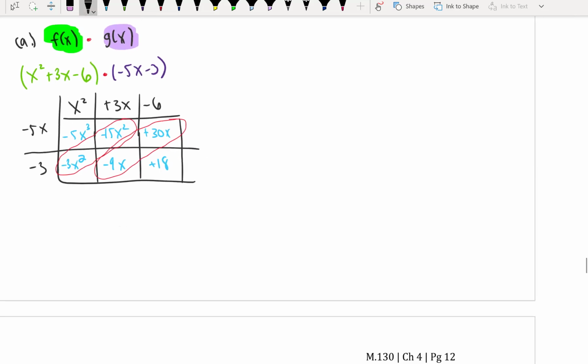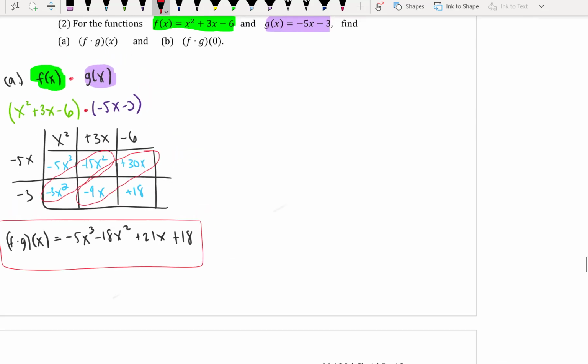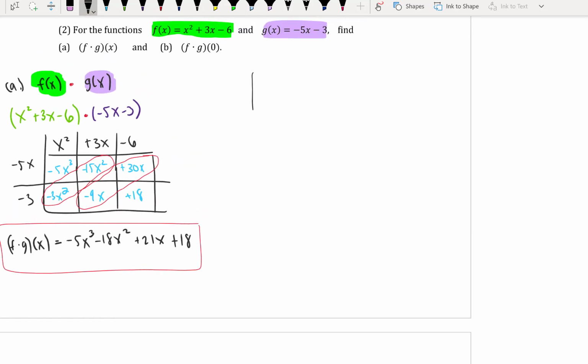So now I can say that f times g with respect to x is equal to negative 5x cubed, negative 3x squared minus 15x squared, which is a negative 18x squared, negative 9x plus a positive 30x, which is a positive 21x, and a positive 18. So for part A, that becomes my final answer.